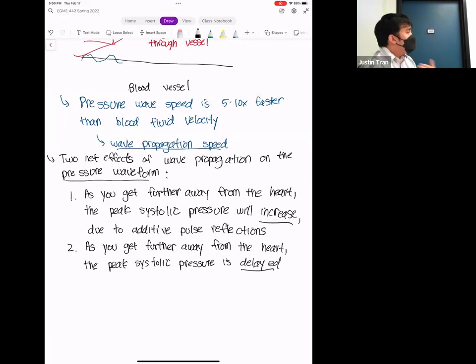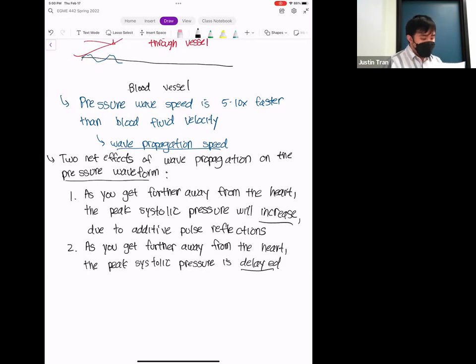Right, and of course that's also due to some wave reflections, but it's also due to the fact that pressure takes time to travel down the tree, so it's not an instantaneous thing. And so when the heart pumps, the blood vessels in your arm don't feel it right away, because it takes time for that pressure pulse to travel from your heart to your arm, and so that delay is reflected in their waveforms. Okay. Right. Okay. So any questions on this before I draw these out?